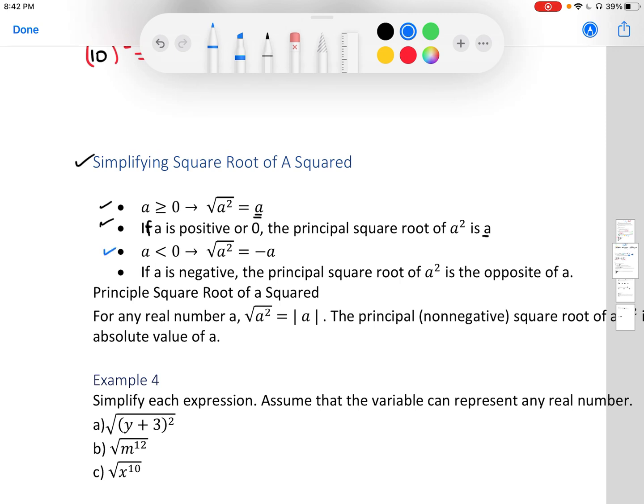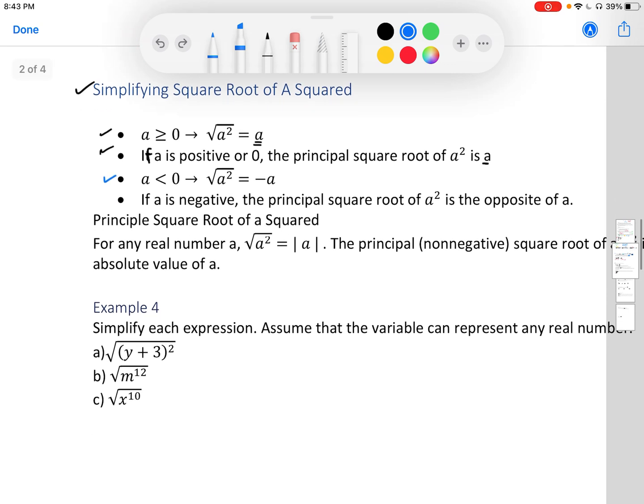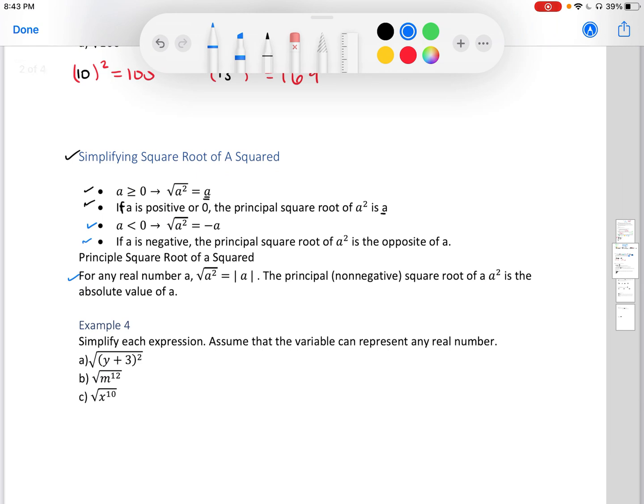Third bullet point. If a is less than 0, then the square root of a squared is negative a. Be careful with this one because it doesn't really translate into a problem where we work out quite as smoothly. If a is negative, the principal square root of a squared is the opposite of a. For any real number a, the square root of a squared equals the absolute value of a. The principal non-negative square root of a squared is the absolute value of a.